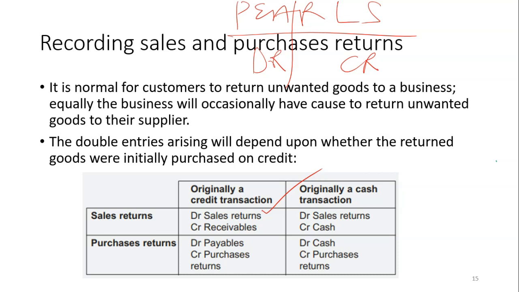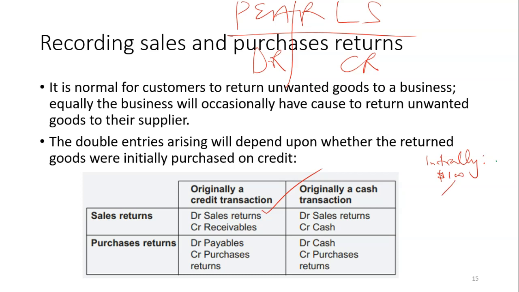Initially, these goods had been sold on credit. So let's say initially we sold goods for $100 on credit.